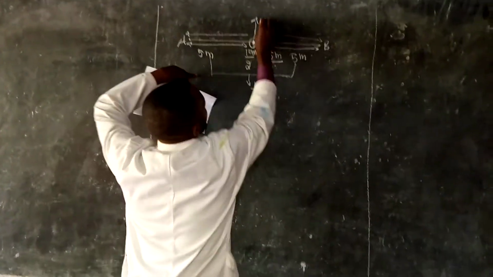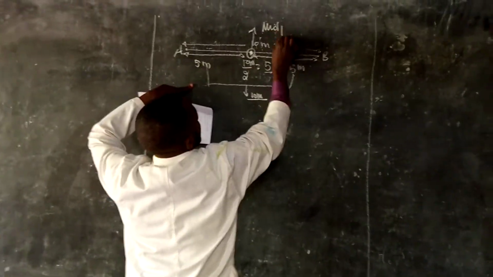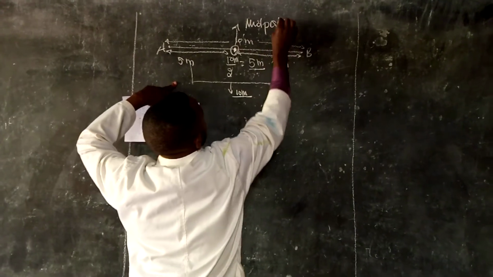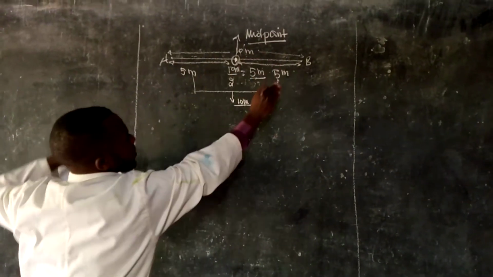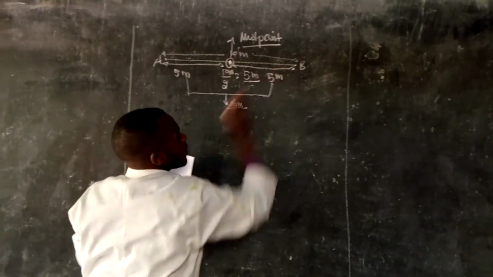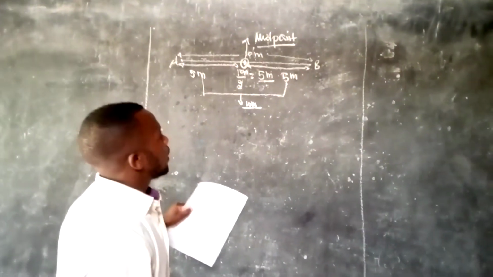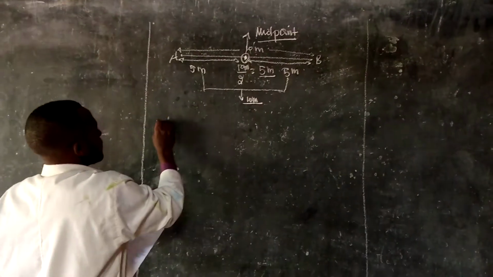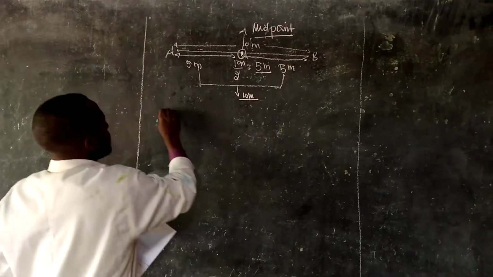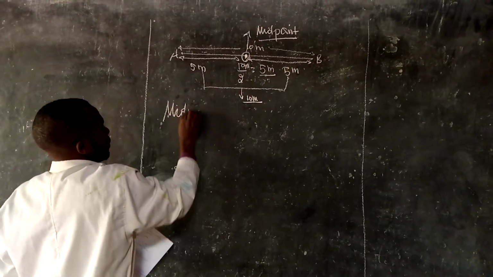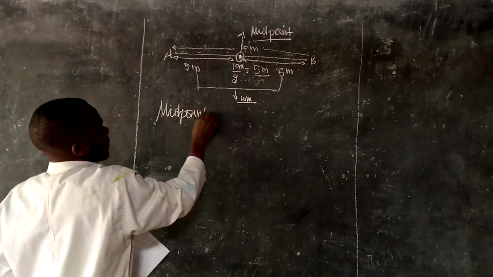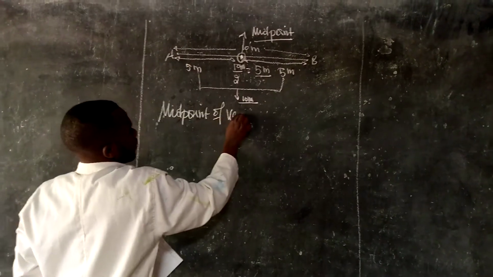This point is what you call a midpoint, because it divides a line segment into two equal parts. The lesson of today is the midpoint of a vector.